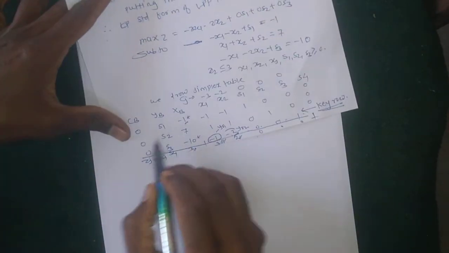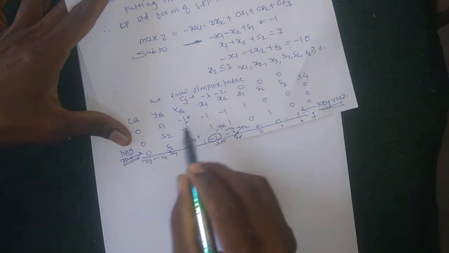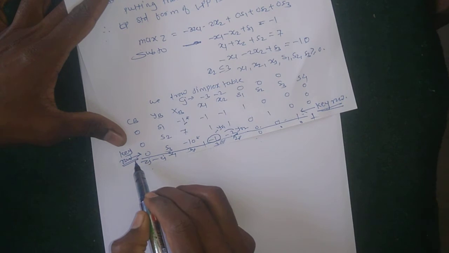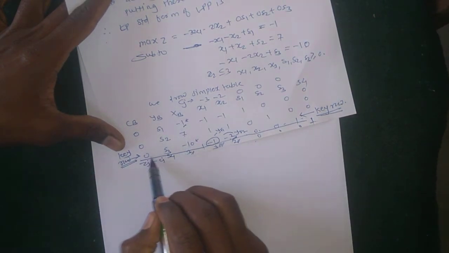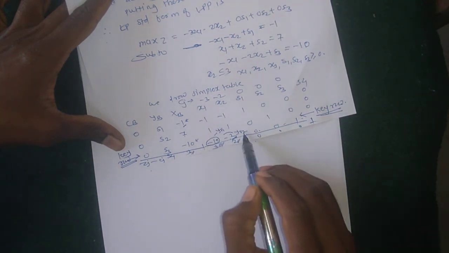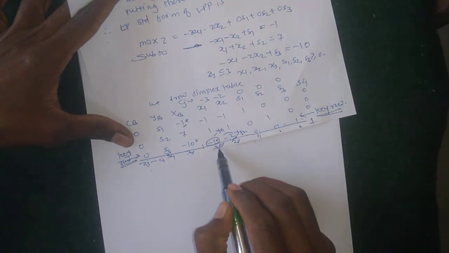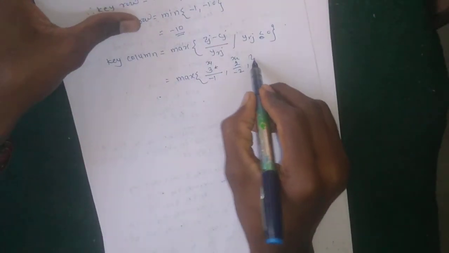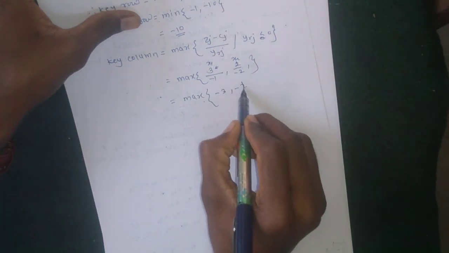The S3 row is the key row, and Yrj is selected in this way: this is Yr1, this is Yr2. Yr1 and Yr2 are negative, so choose these, and Zj minus Cj gives minus 3 and minus 1.